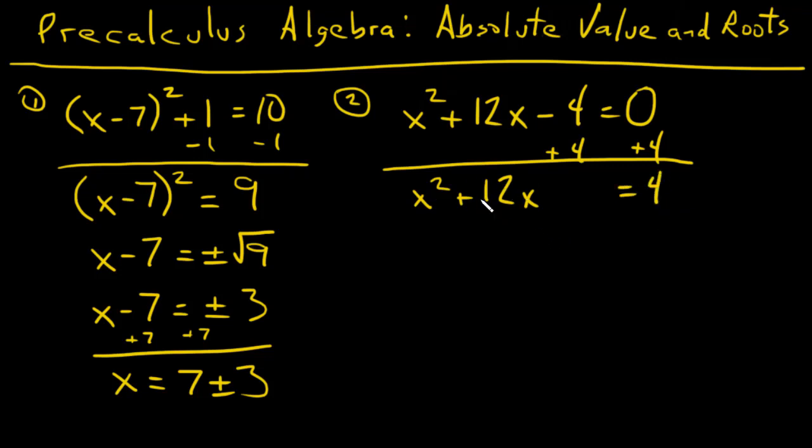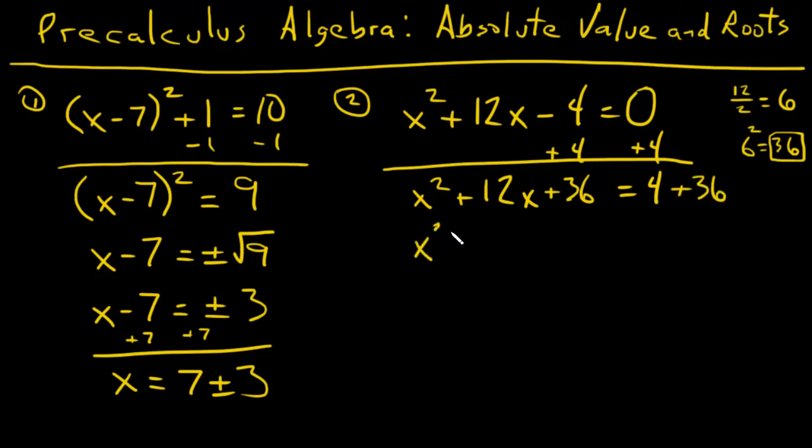Then I take the number that's in front of my x, my b, if you will. I half it, so 12 divided by 2 is 6. And then I square that value. 6 squared is 36. Then I add this value to both sides. So plus 36 plus 36.